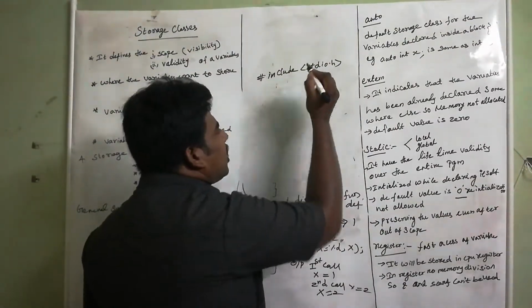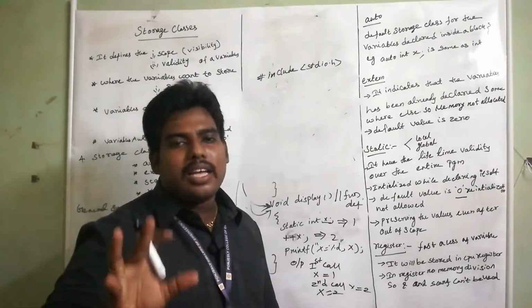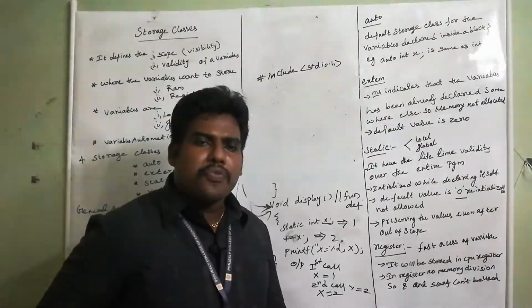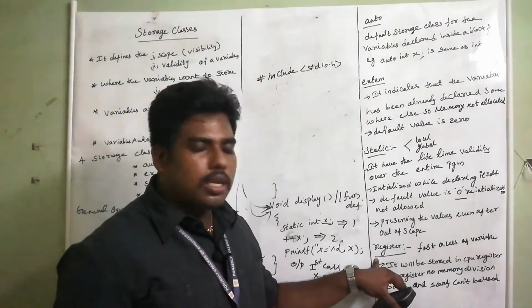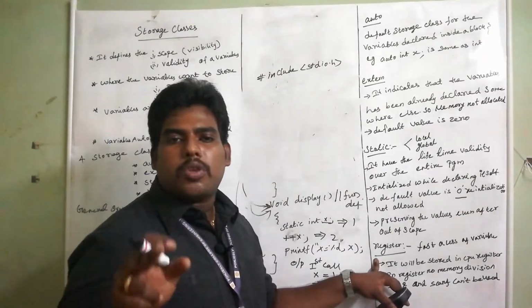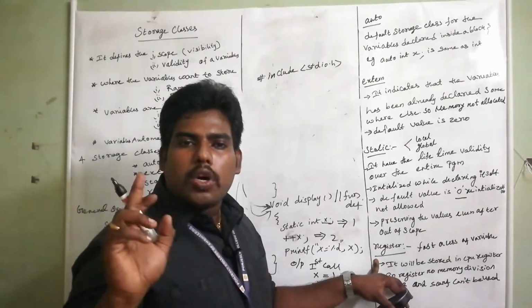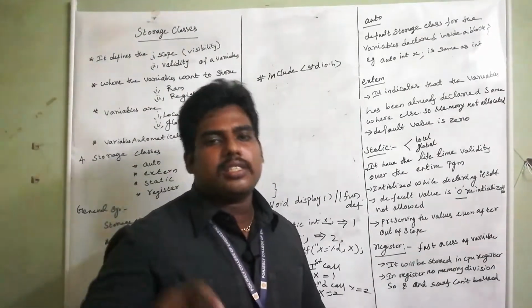If you see the memory hierarchy, register has high speed but less memory. For frequent, fast access of a variable, we can use register. If you use register, the variable will not be stored in the RAM. Instead of RAM, it is stored in the register.